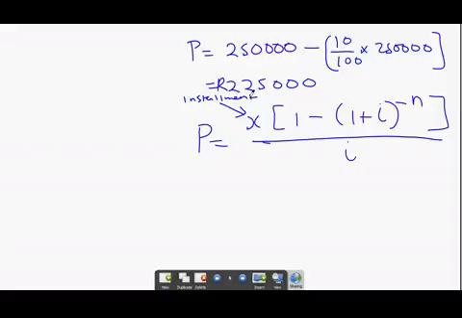So we've already found our P, and we are going to substitute into the formula. So it's going to be 225,000 is equal to our x there, and then open bracket, 1 minus, open bracket again, 1 plus our interest. Remember, we have got an interest of 5%.